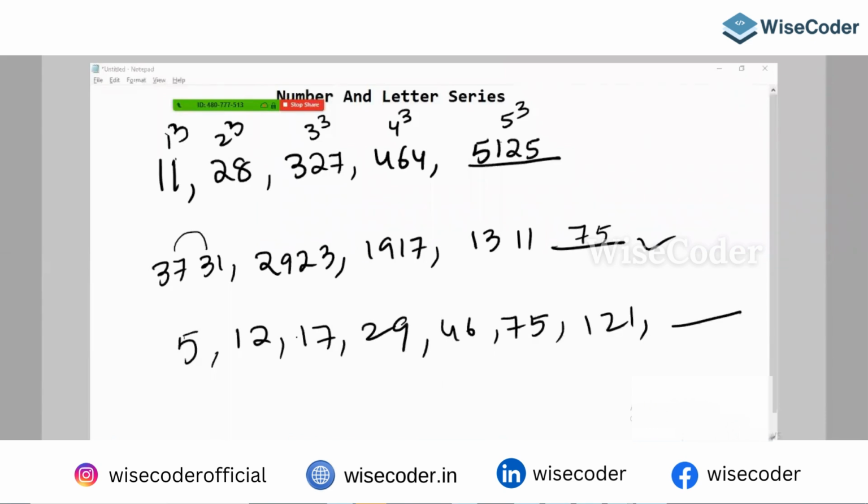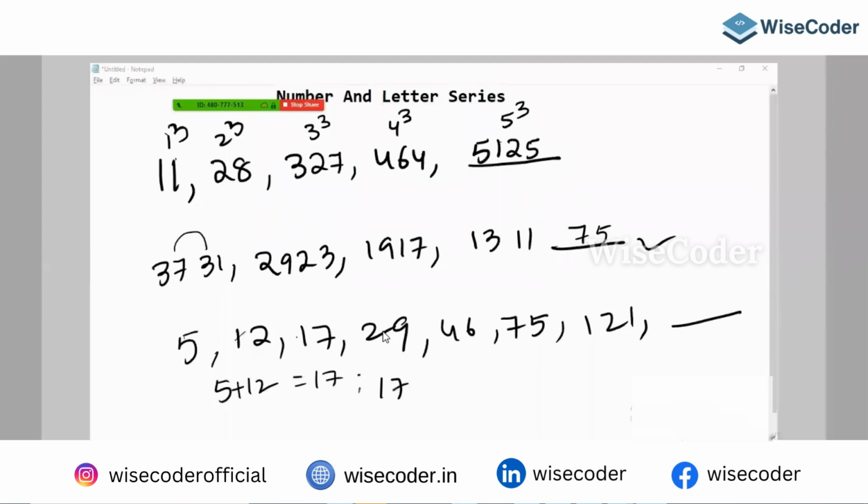Please pause the video and try to solve it. I hope you are done. If you check the differences, you are not going to get anything. But look here: 5 plus 12 is 17.